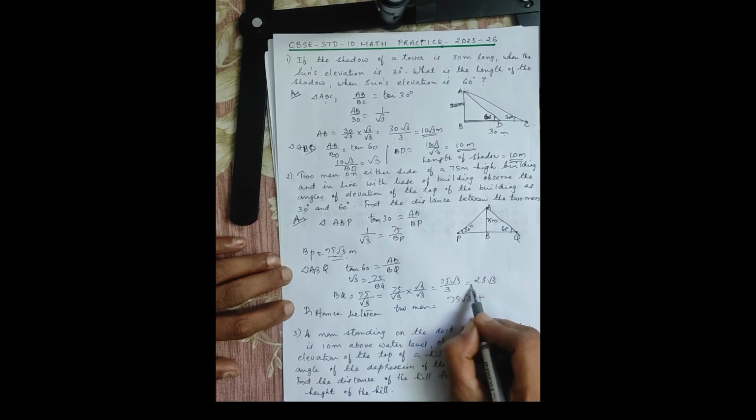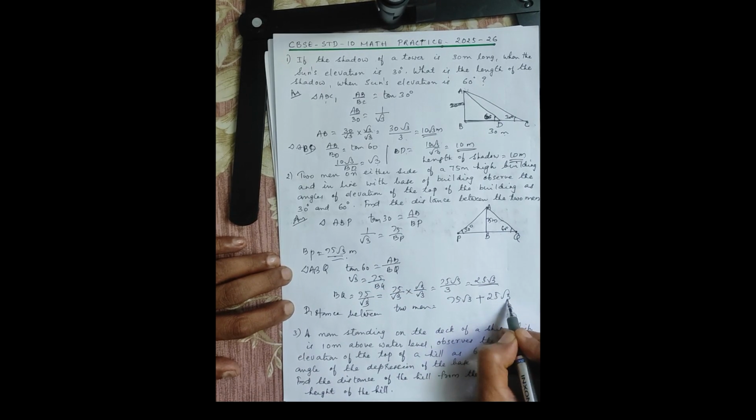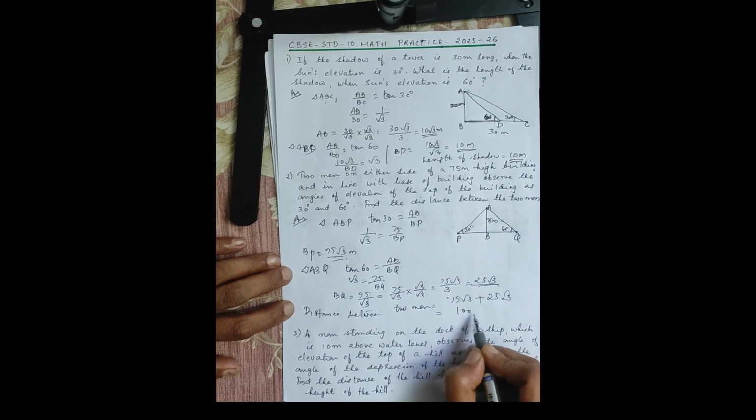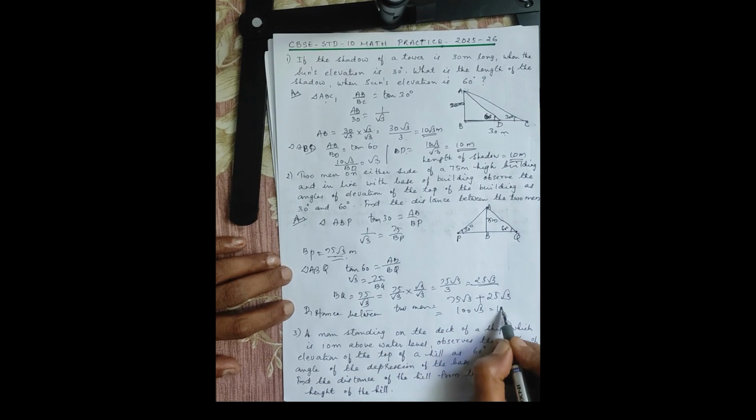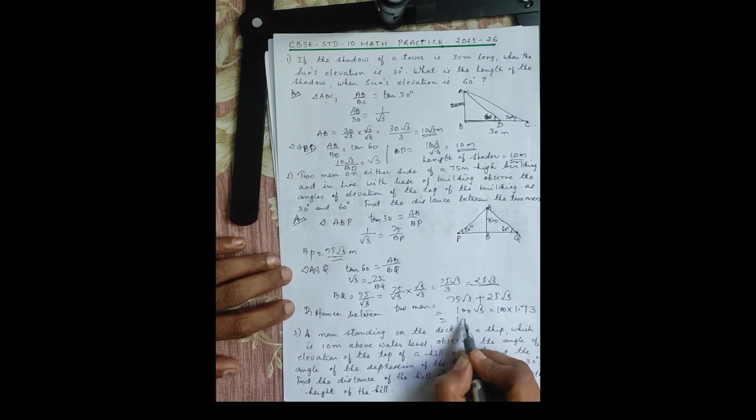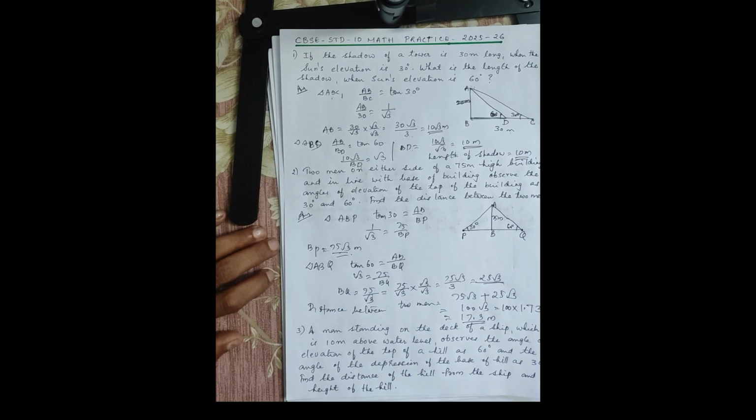So we can add easily, 75 plus 25 is 100 root 3. So 100 into 1.73, the answer is 173 meters, the distance between the two people.